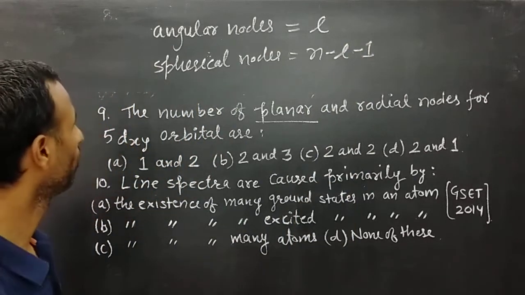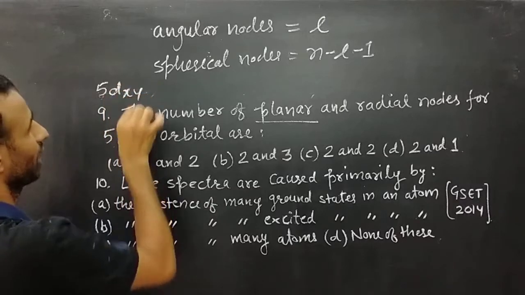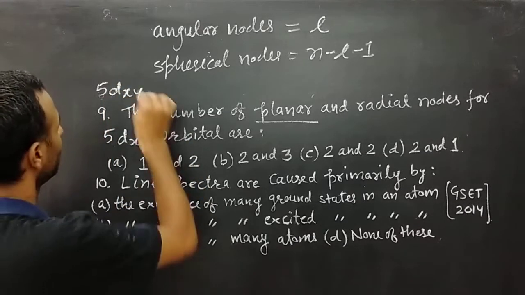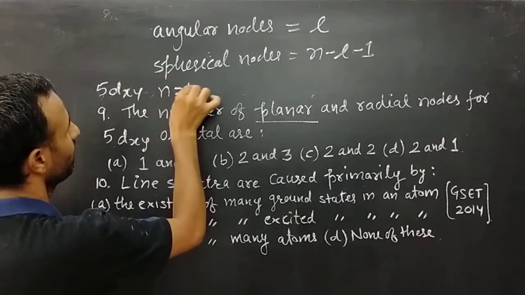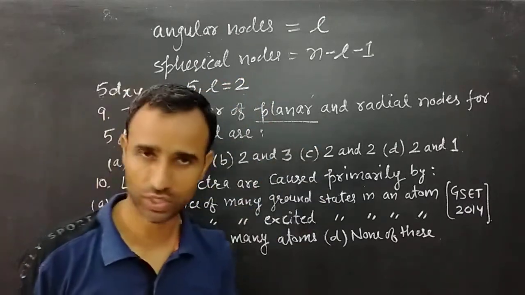Right? So now it is 5d, whatever xy, yz, zx. The n value is 5 and L value is 2 for all 5d orbitals.